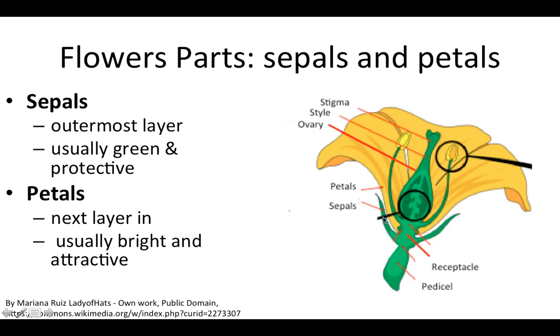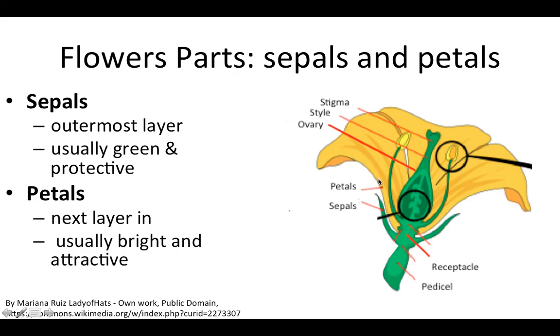They're always below and outside of the petals. In most cases, they are going to be green and protective. So they are not serving a role of attracting pollinators. They're really there to protect the flower bud and perhaps to eventually protect the flower and fruit.